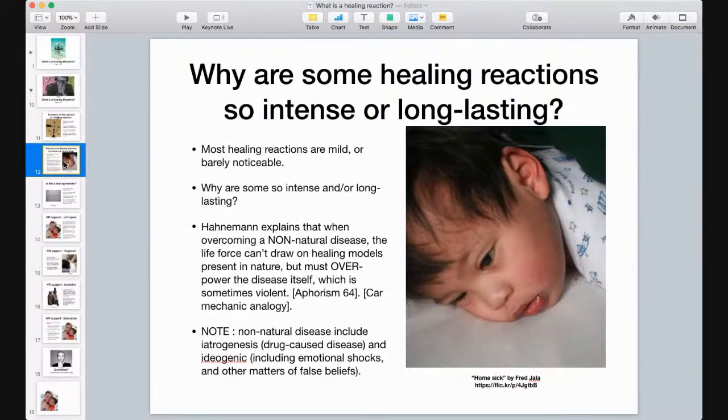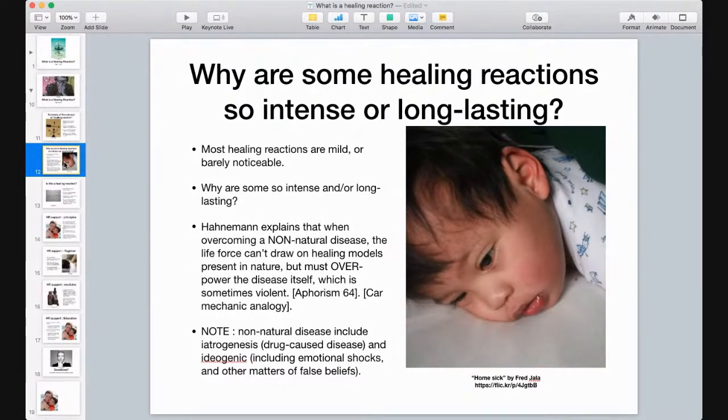So when they are more intense or long lasting, we do get a very lucid explanation from Dr. Hahnemann as to why that's happening when it does happen. And this is for the students of Heilkunst. You'll find this in Hahnemann's Organon as aphorism number 64, for those of you who have that as a reference to look up.